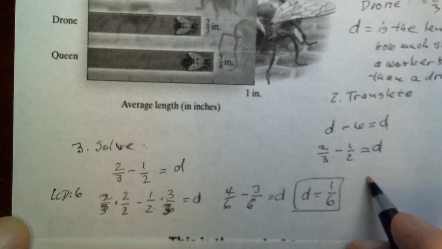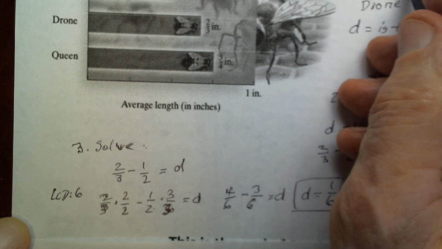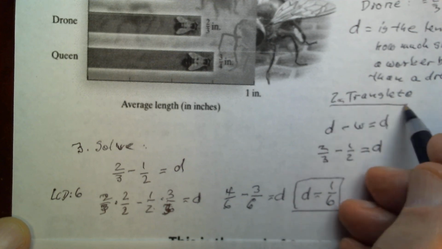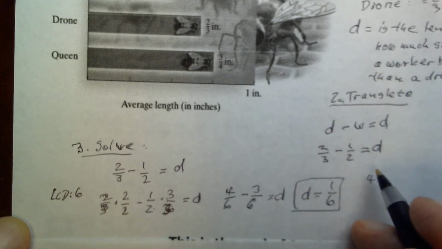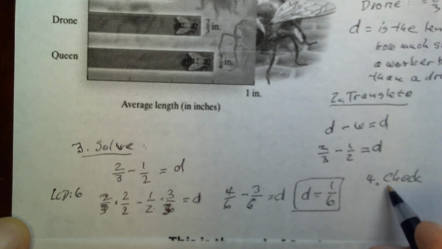Step 4, we check. Familiarize, translate, solve, check. We check our calculations and everything works out. Then we state.